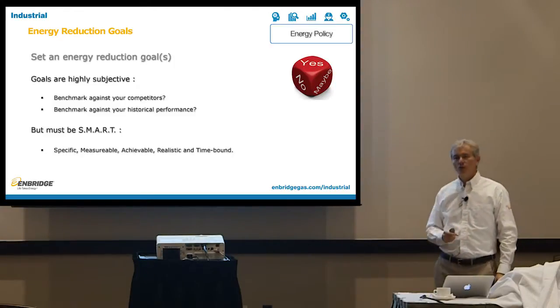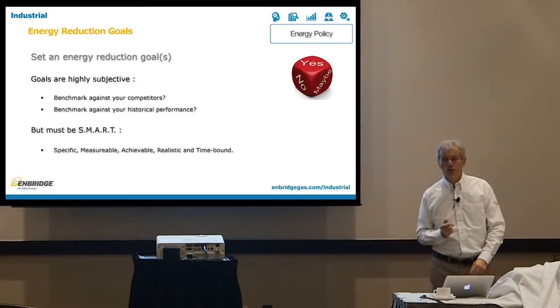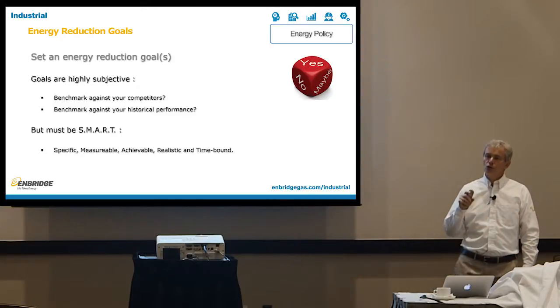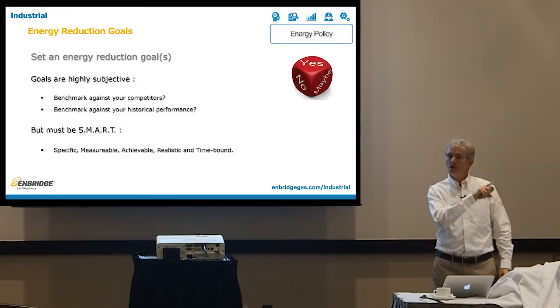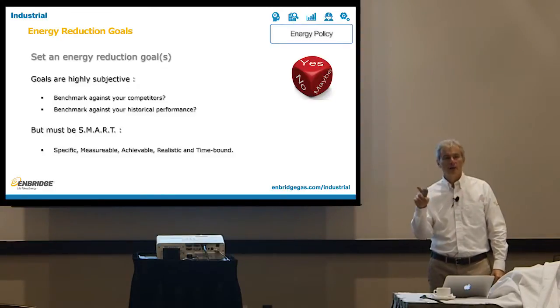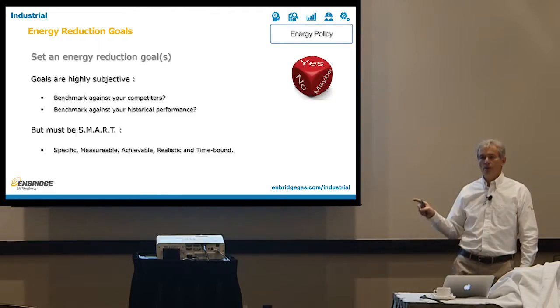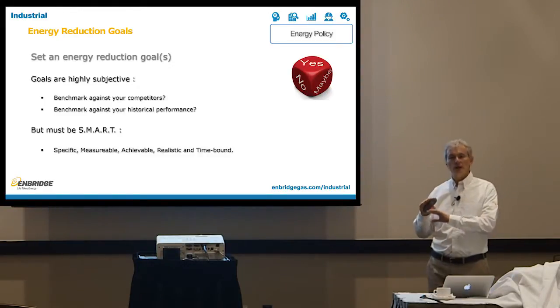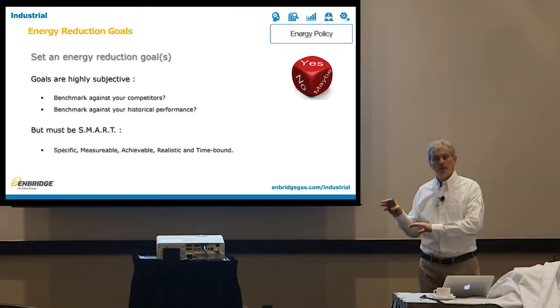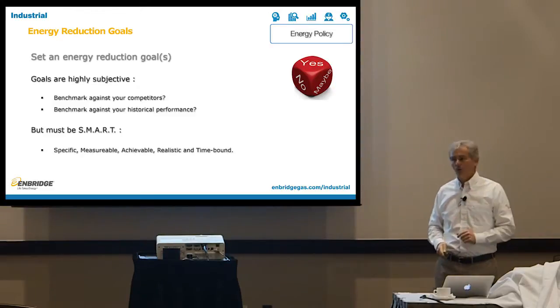So maybe your historical best performance should be the first goal to reach. Let's make sure that whatever we actually achieved once in the past, we can achieve consistently. Let that be your first goal. These can always be updated. Goals in the energy policy can and should be updated with time. So start with something that's achievable.